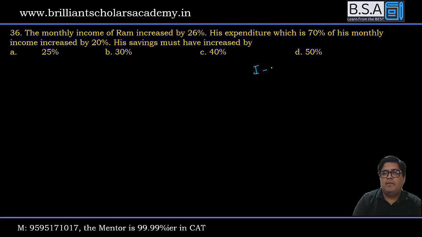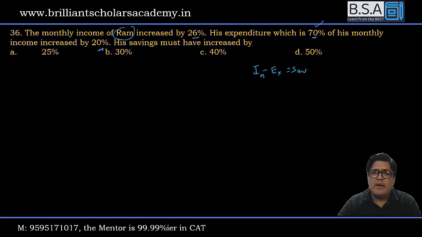Income minus expenditure is equal to savings. Some hints are given about Ram, and you see they are all natural numbers, and these are multiples of 5s and 10s. Assume 100 rupees and move on.